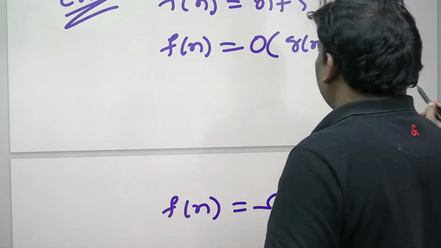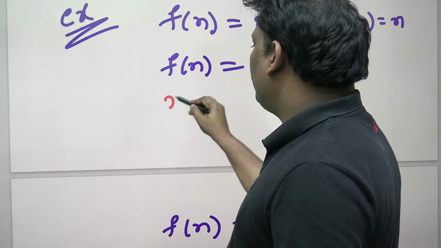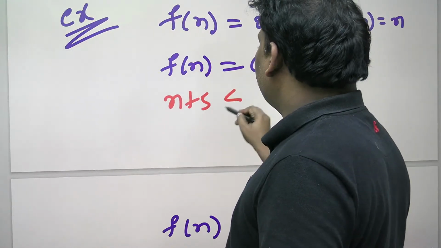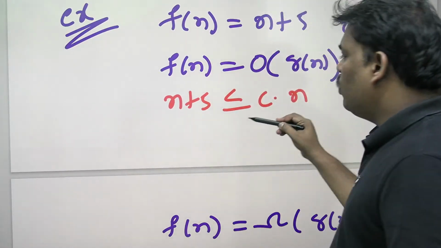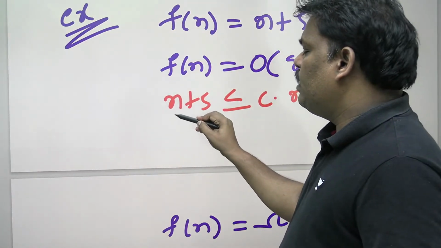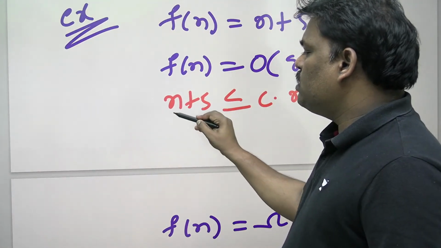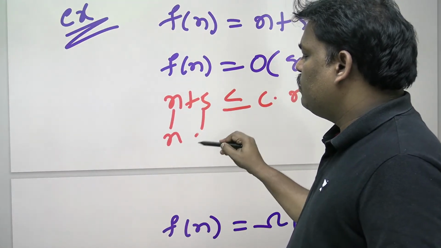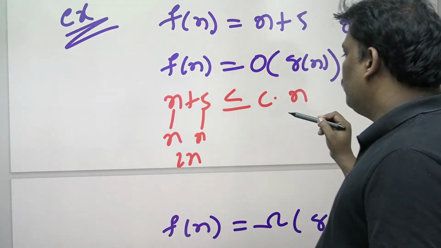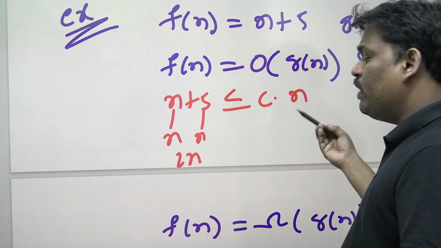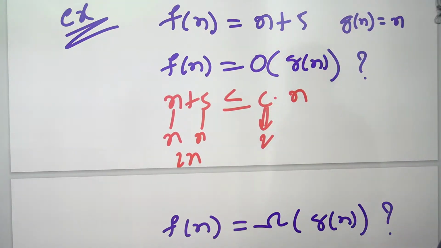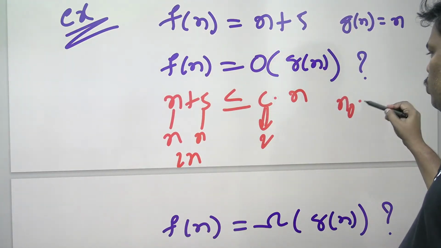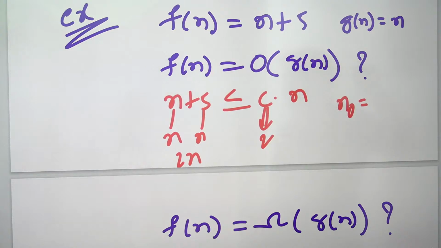So f of n is n plus 5. Big O means less than or equal to some c into g of n, which is n. So n plus 5, and 2n. Comparing n plus 5 and 2n, 2n is bigger. So the c value you can take is 2. So for n0, value 1 working, 4 no.